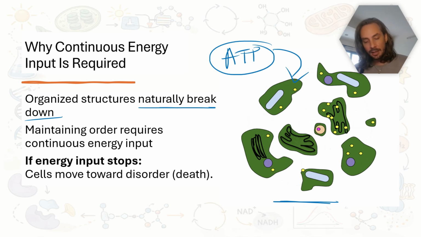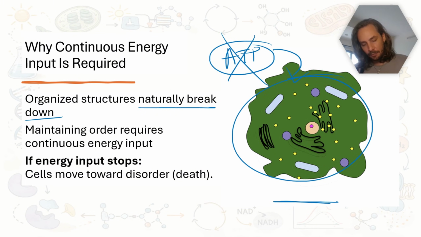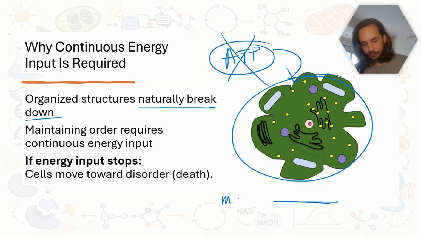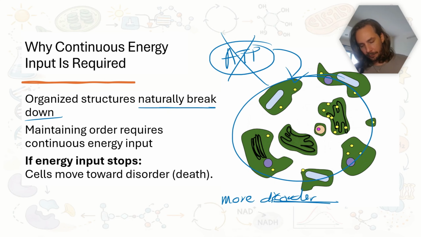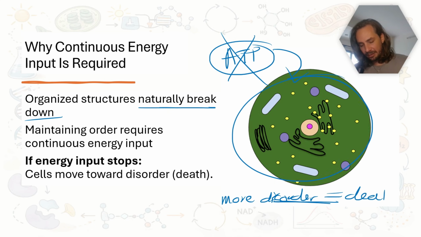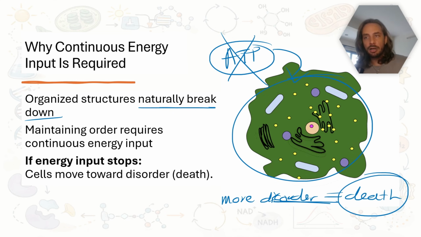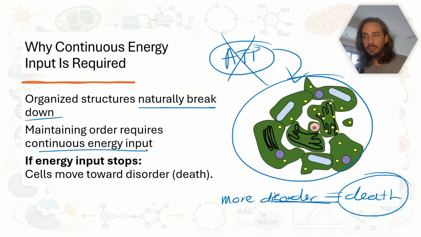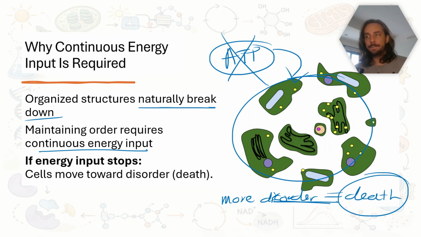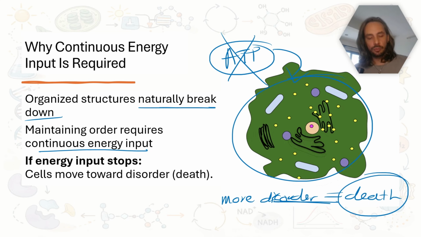Okay, if cells do not have ATP, then it would start to break down. Okay, you will have more disorder, and that means death for cells. Okay, so if the cell can't produce energy, if it doesn't have that continuous energy input, it will break down. So that is why we need energy to maintain the local order.